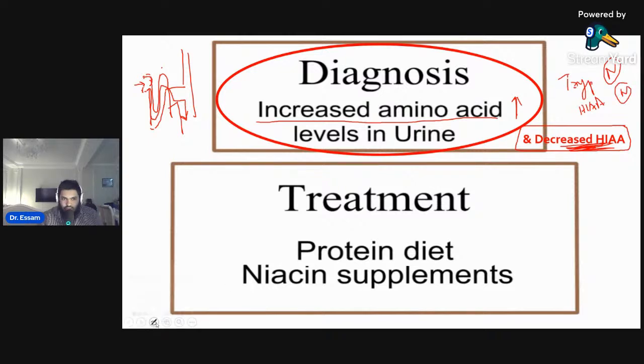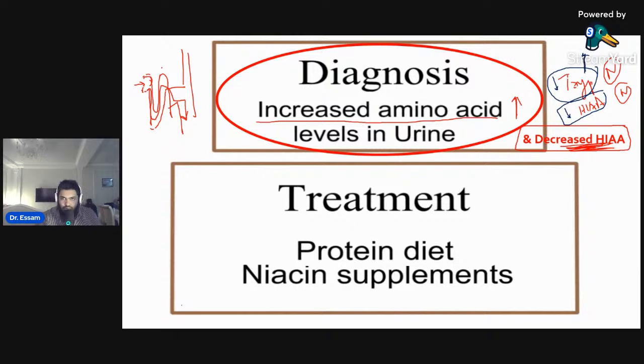But if tryptophan is reduced, then HIAA will also be reduced in the urine. In the urine, HIAA will be reduced if tryptophan is reduced in the body.